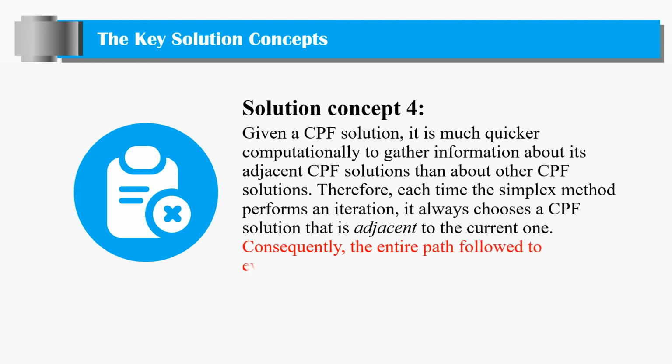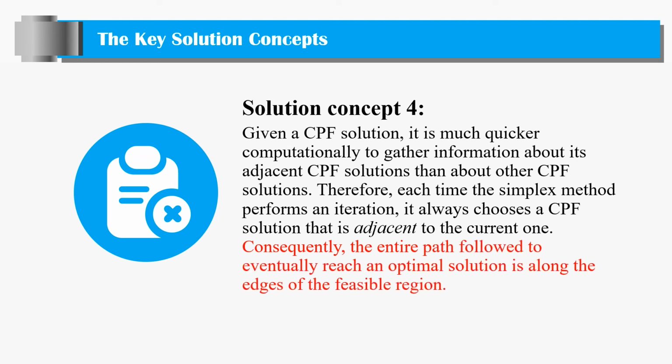Therefore, each time the simplex method performs an iteration, it always chooses a CPF solution that is adjacent to the current one. Consequently, as we can check with the previous example, the entire path followed to eventually reach an optimal solution is along the edges of the feasible region.